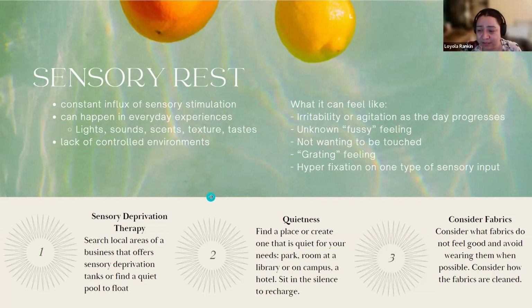So there's a couple of things. Sensory deprivation therapy is one. There's a couple of sensory deprivation tanks. This is when you go into that little pool and you just float. It's crazy the amount of science that comes out where it's just like humans like to float. It's weird. We don't know why that is, but we like to float.